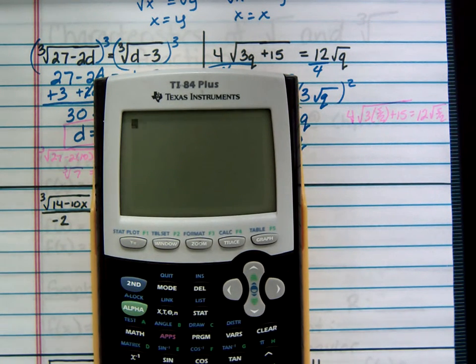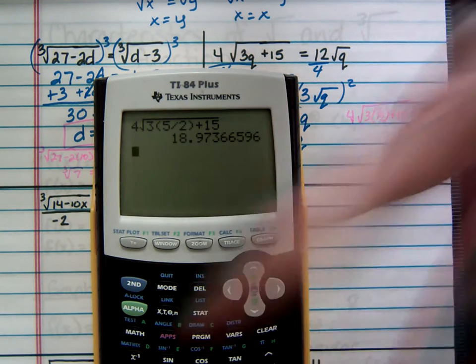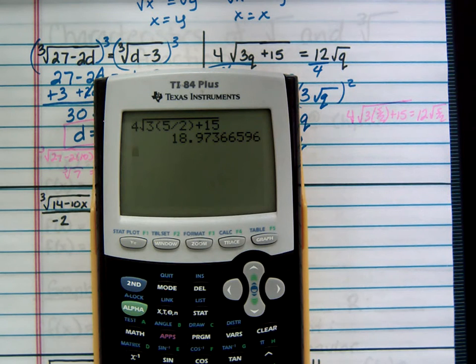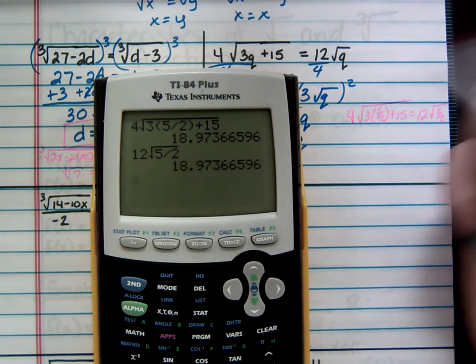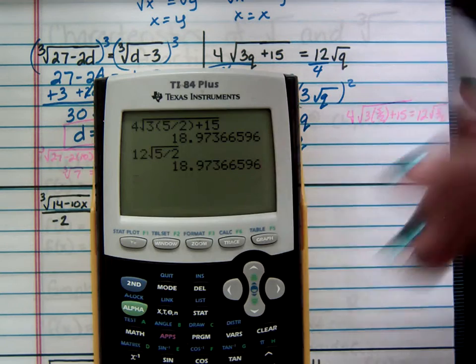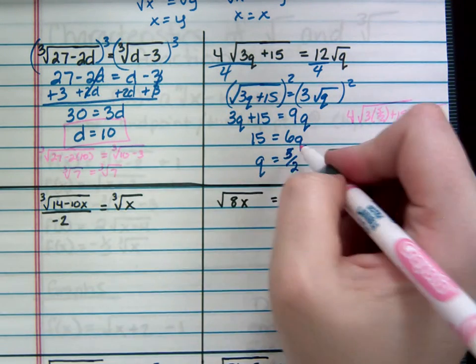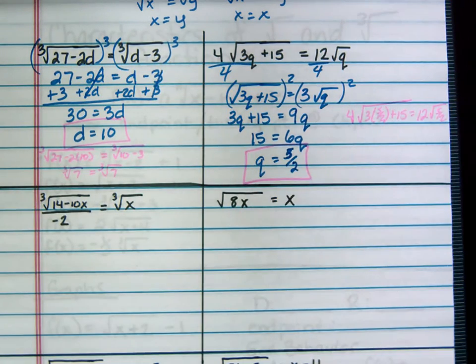So 4 times the square root of 3 times 5 halves plus 15. And on this side I get 18.97. The decimal goes on forever. And then on the other side I had 12 times the square root of 5 halves. And if you look, I can see that my decimals are the same, so this does end up being equal. So this is my answer.